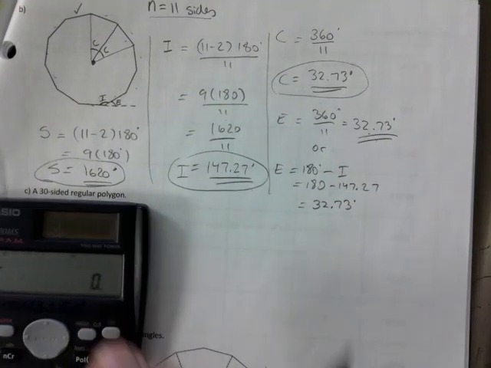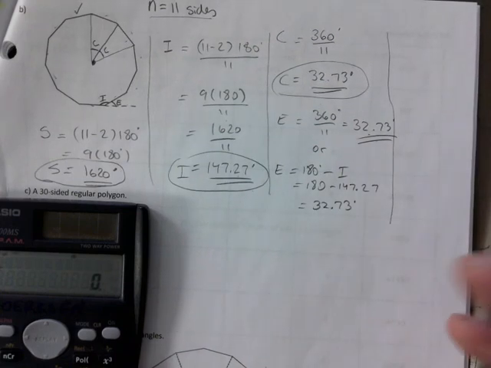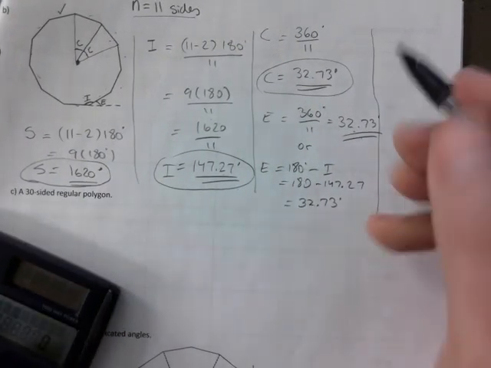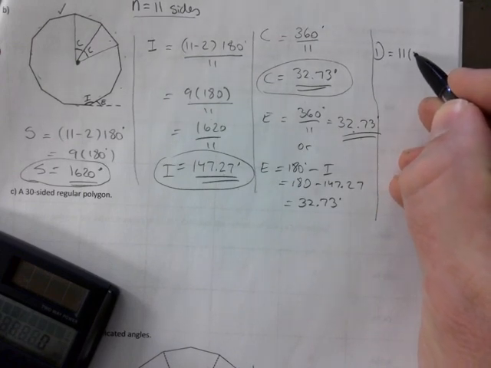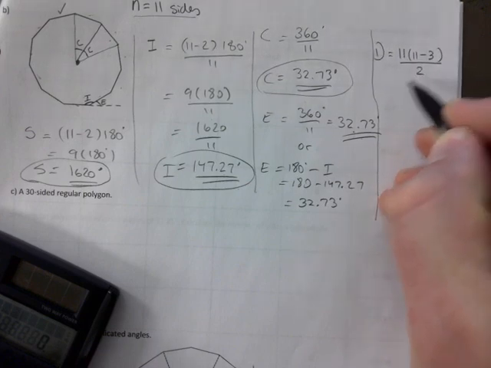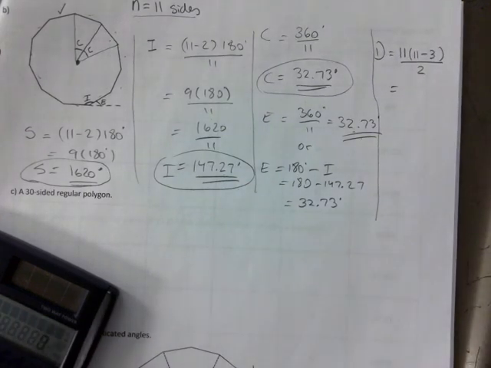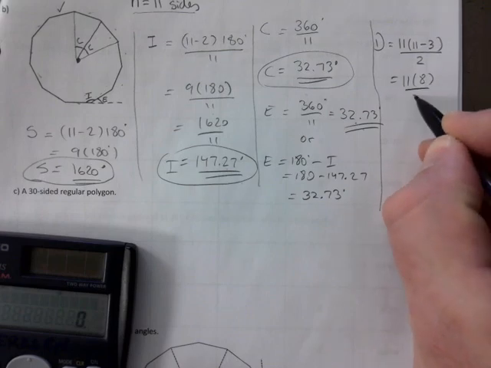Okay. And last but not least, the diagonals. Yikes, I'm using too much space. I'm notorious for that. It's n times n minus 3 divided by 2. If you get a decimal on these ones, you made a mistake on the diagonals. It has to be a whole number. So 11 times 8 divided by 3.